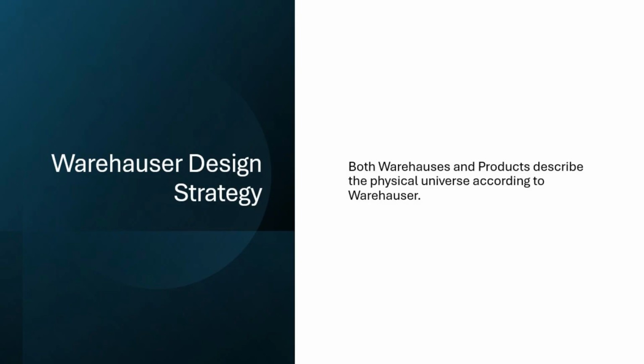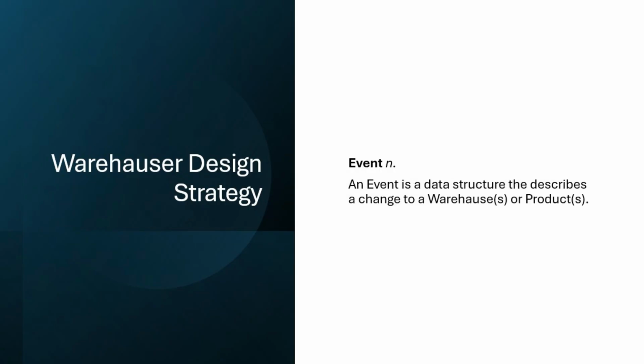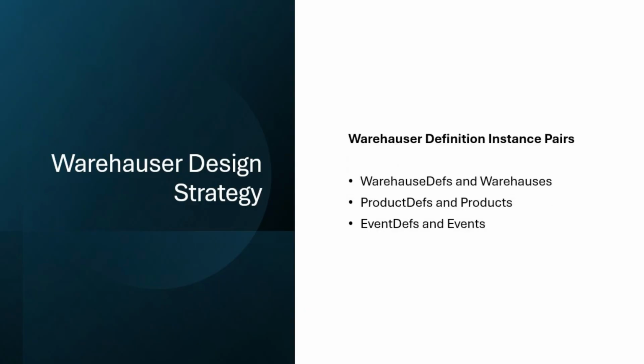From the perspective of Warehouser, the physical universe is described entirely with warehouses and products. An event is a data structure that describes a change to a warehouse or product. So the three definition instance model pairs are warehouse defs and warehouses, product defs and products, and event defs and events.